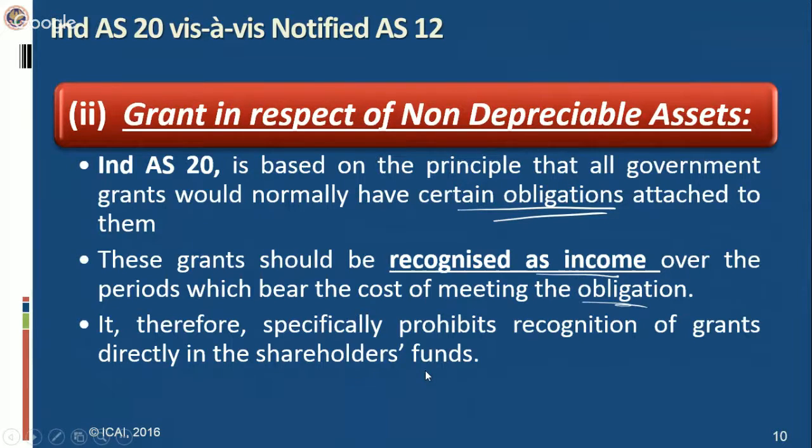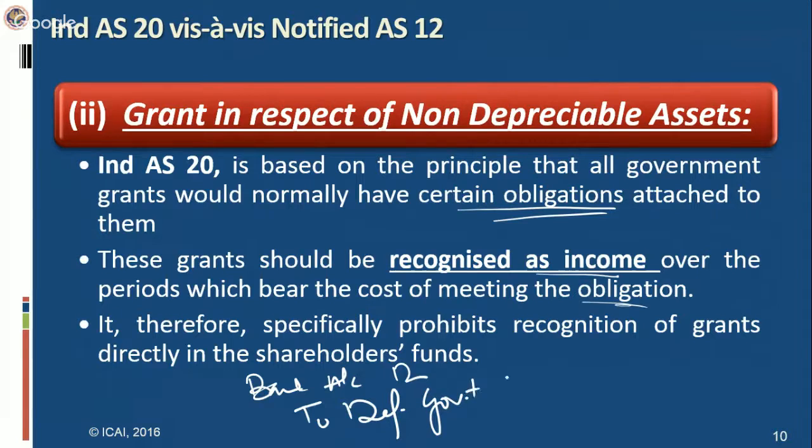So what is implied here is that as per Ind AS 20, such grants in respect of non-depreciable assets will always have the entry: bank account DR to deferred government grant account.